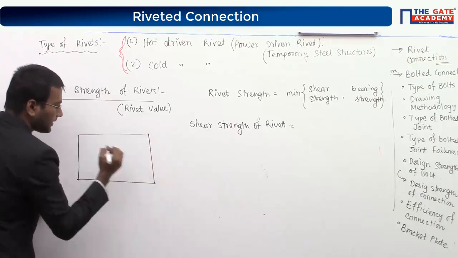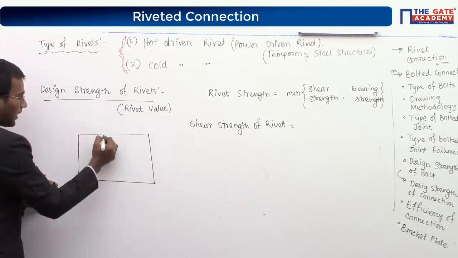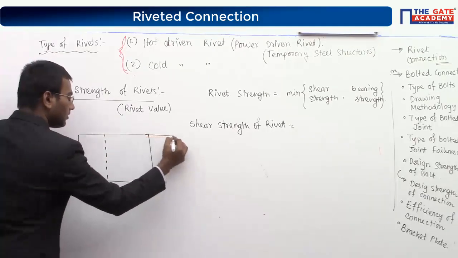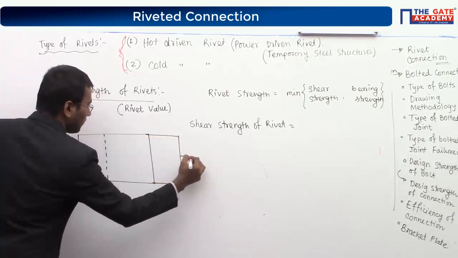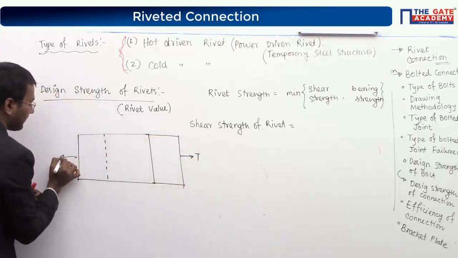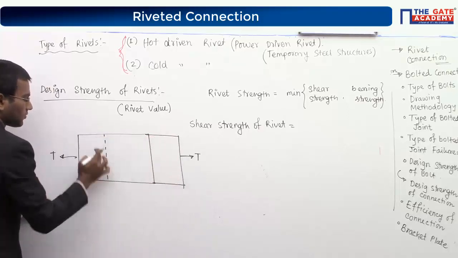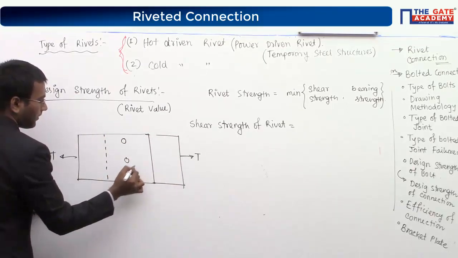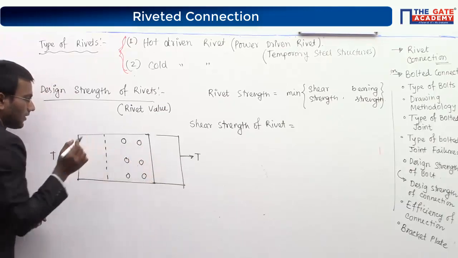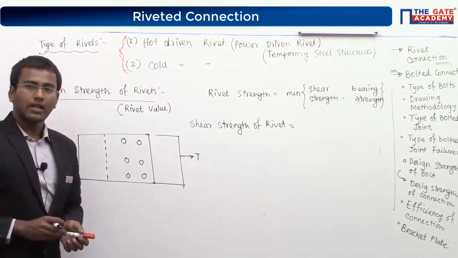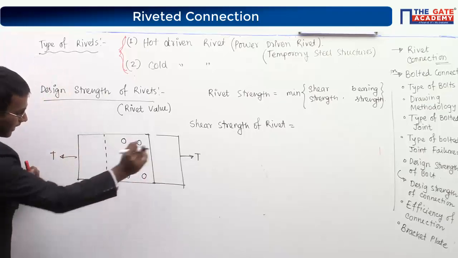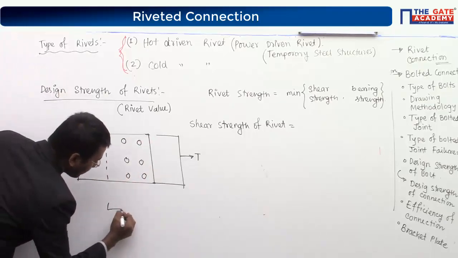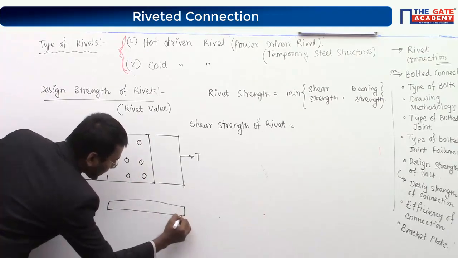One flat plate is connected to another flat plate like this, one flat plate and another flat plate. They are connected by some number of rivets like this. Now, if you see the side view, what can I find out?